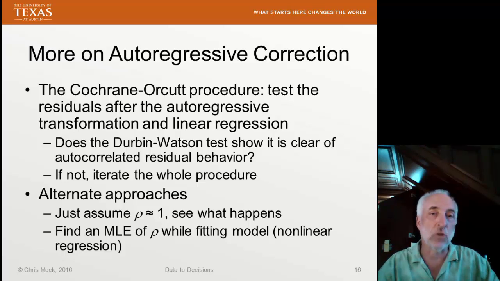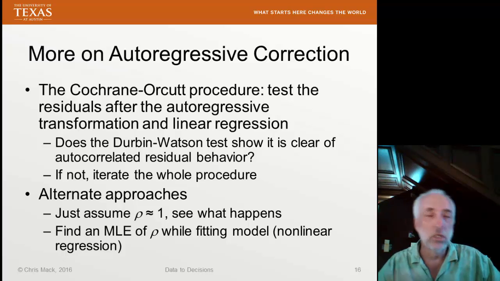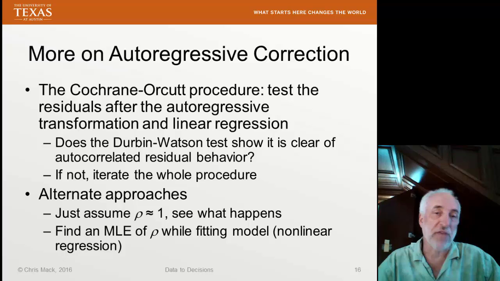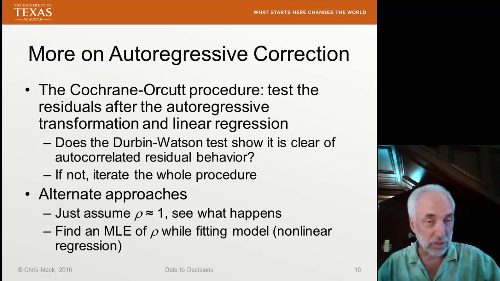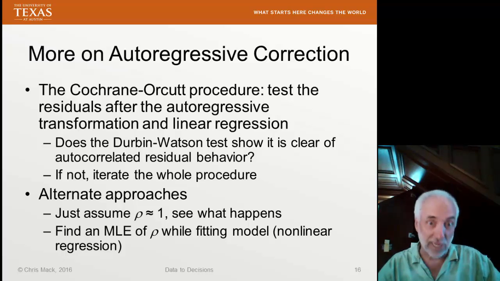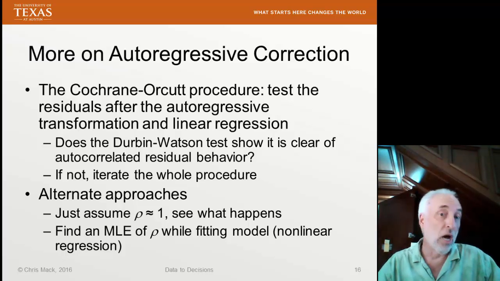This is called the Cochrane-Orcutt procedure, where we iterate multiple times until we converge to residuals that truly are uncorrelated. Some alternative approaches: just pick a really large value of rho, close to 1, and try it and see what happens. If the first time you do it you get residuals that are still correlated, try a much bigger value of rho, and see what happens.